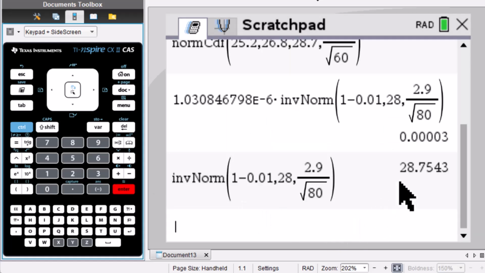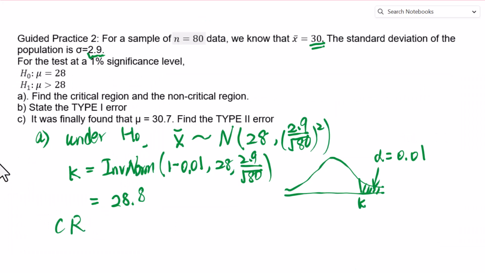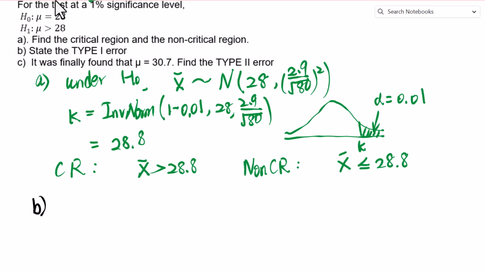Answer is 28.8. So critical region x bar greater than 28.8. Non-critical region x bar less than or equal to 28.8. B. State the type 1 error.